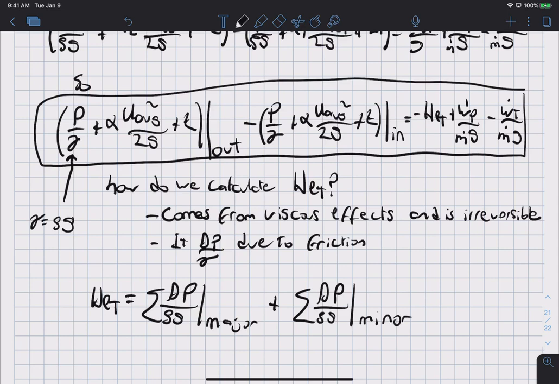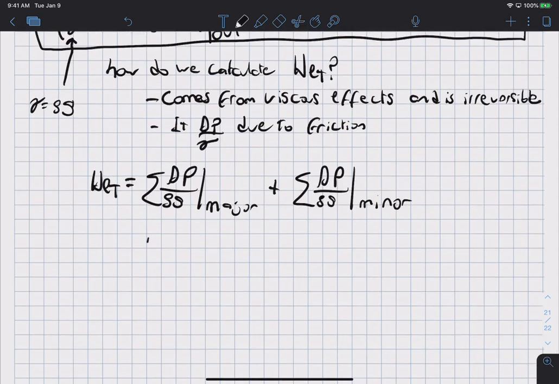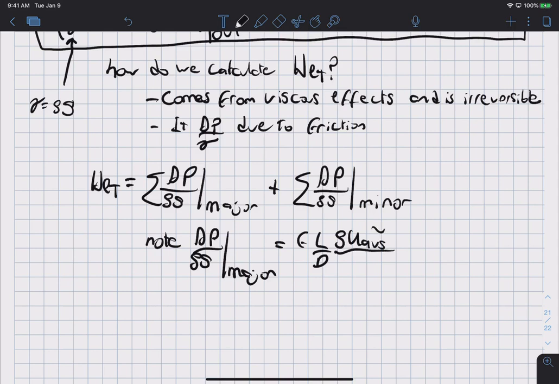Okay, and then note that delta P over rho g for the major losses is equal to the Darcy friction factor times L over D times rho u averaged squared over 2 times 1 over rho g, and this equals f L over D times u averaged squared over 2g.